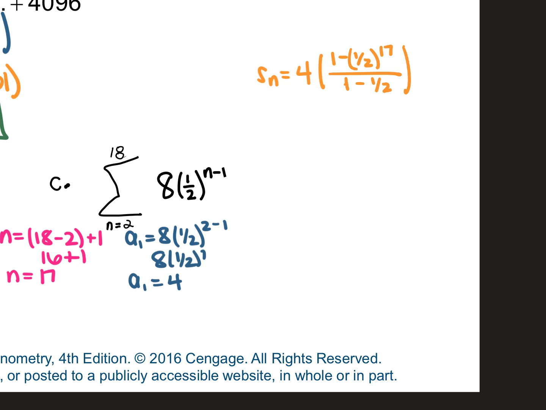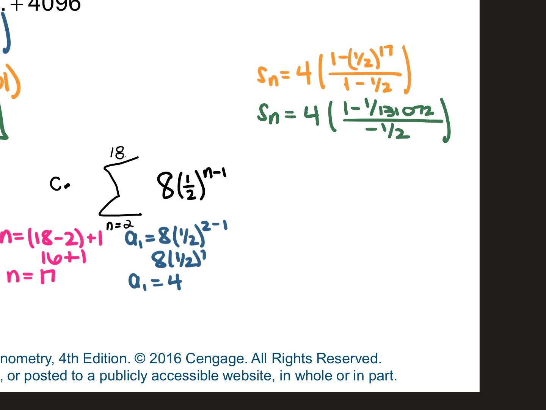So that 1/2 to the 17th power is what we're going to have to simplify first. This is going to give us 4 times 1 minus the 1/2 to the 17th power, which we said is going to be 1 over 131,072. And this is all over 1 minus 1/2, which is just 1/2.